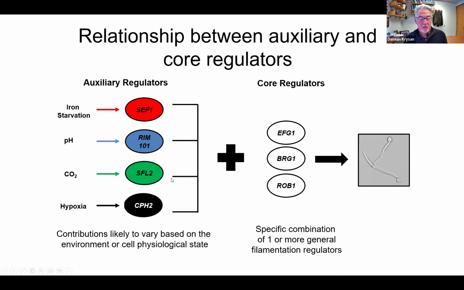These didn't have quite the same effect as the core, but they were modulators in our model. And they work together with these core regulators to establish wild type levels of filamentation. If you lose some of these inputs, you reduce the filamentation a little bit, but if you lose the core regulators, it goes down a great deal. And if you're interested in more of this, it's published data in our eLife paper.